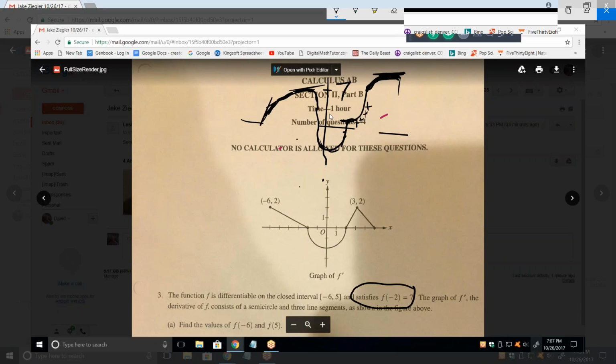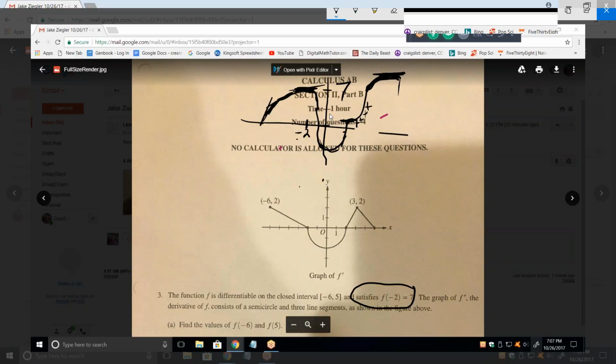Okay? Now it says the original function f of minus 2 equals 7. Well, that tells me that it's not vertically shifted. It's right about there. That the original function f of minus 2 is equal to 7. So I've got the shape of the curve right, and I now have it placed correctly on the y-axis.